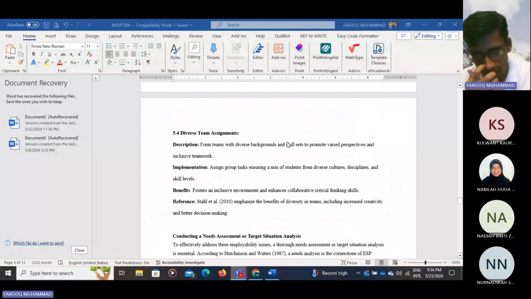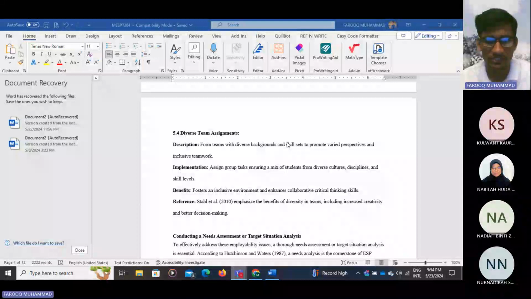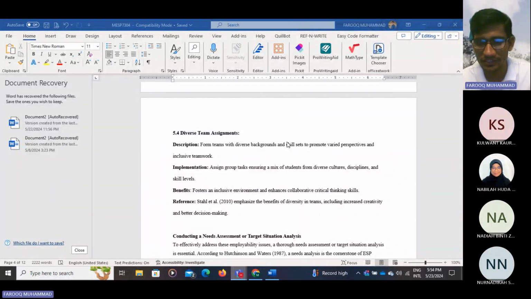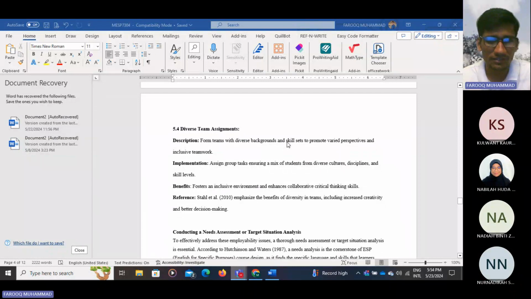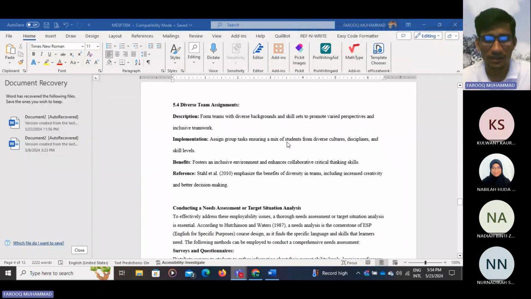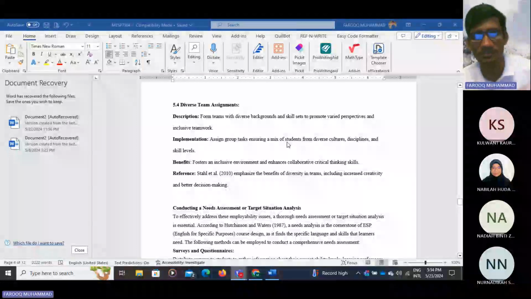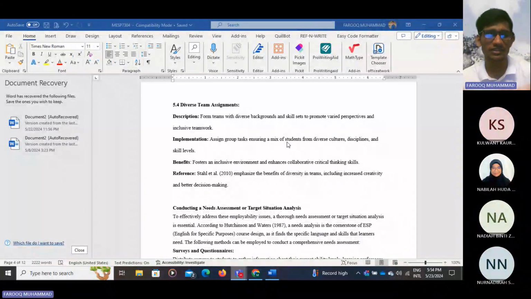The fourth one will be diverse team assignments. You can form teams with diverse backgrounds and skill sets to promote varied perspectives and inclusive teamwork. Besides this, you can assign group tasks, ensuring a mix of students from diverse cultures, disciplines, and skill levels. They have different kinds of skill levels.